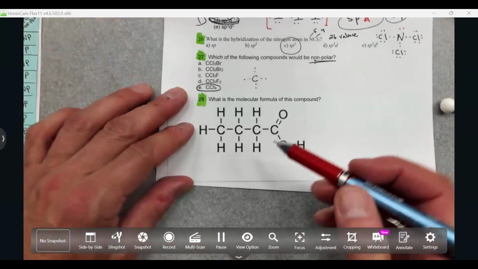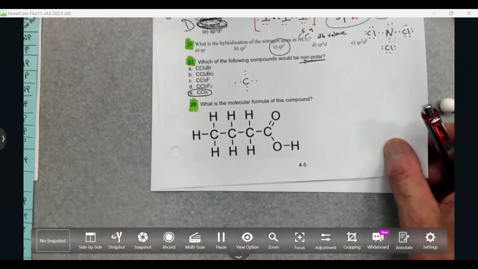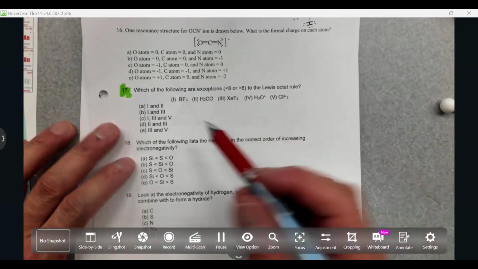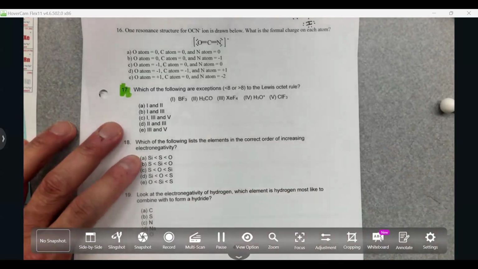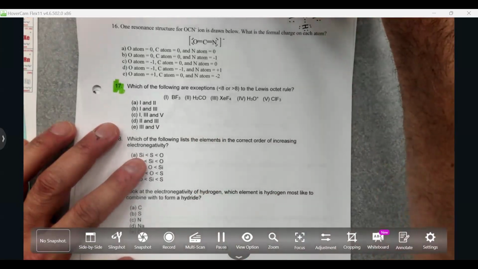What's the molecular formula of this compound? Add up the carbons and the hydrogens and the oxygen. 28. Did I miss 17? Let's backtrack to 17. Okay. You have to draw these out. You have to draw the Lewis structure for all of these.